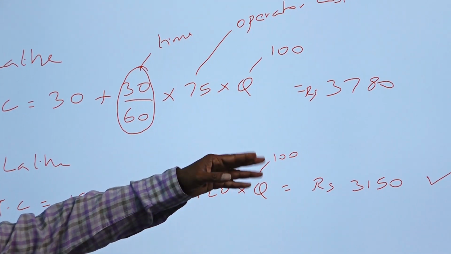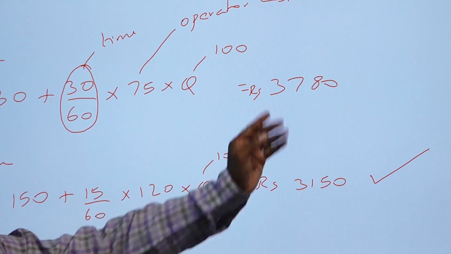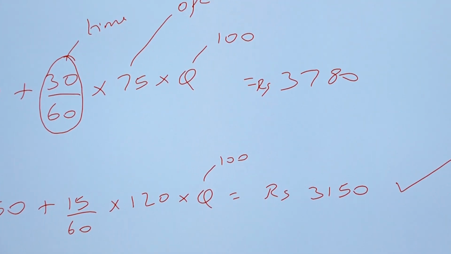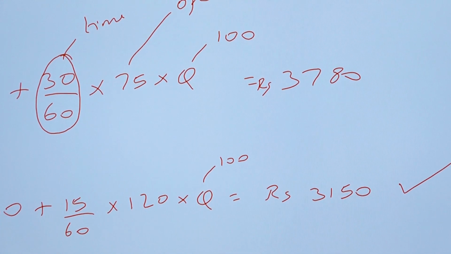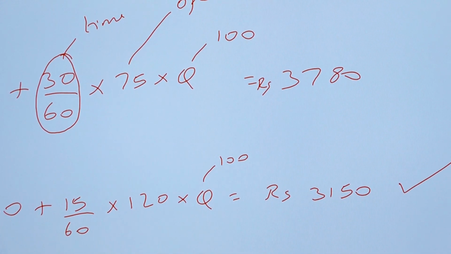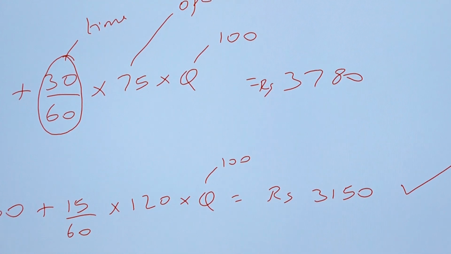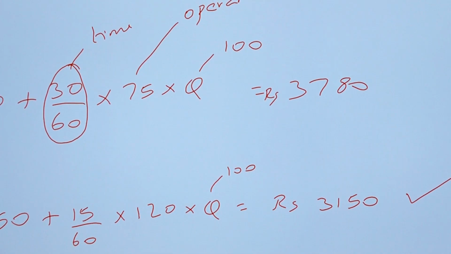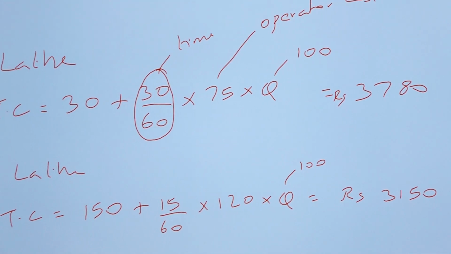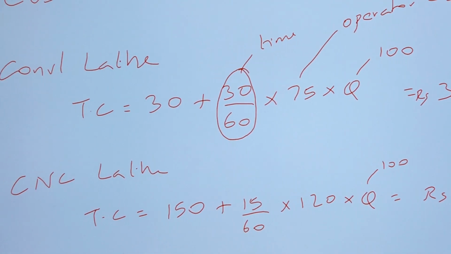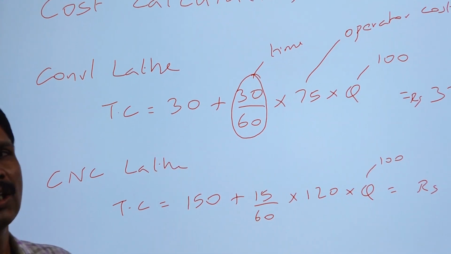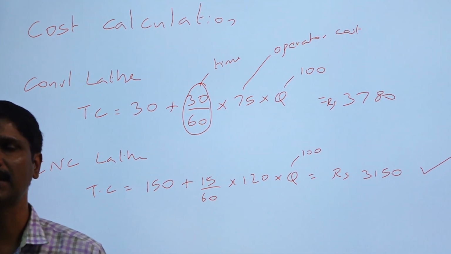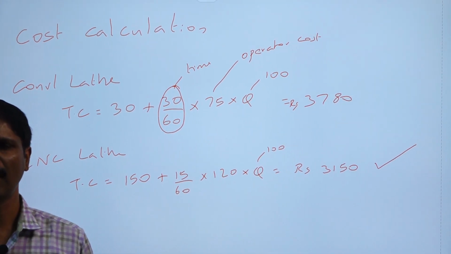For 100 quantity, the value obtained in the conventional lathe is rupees 3780, and in the CNC lathe it is 3150. Whichever is minimum, we have to select that. So we have two different types of lathe, and we have to compare total cost and take the minimum.